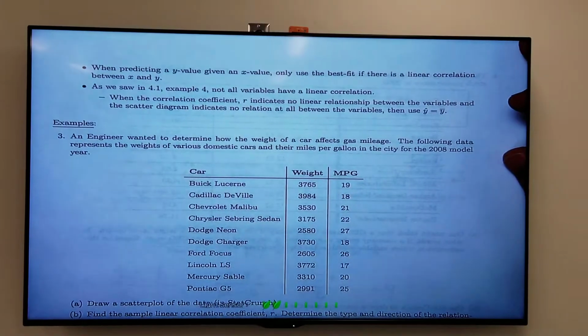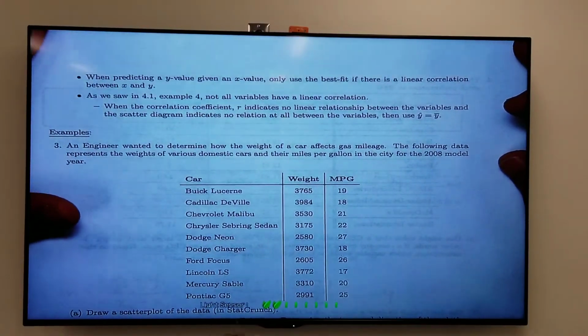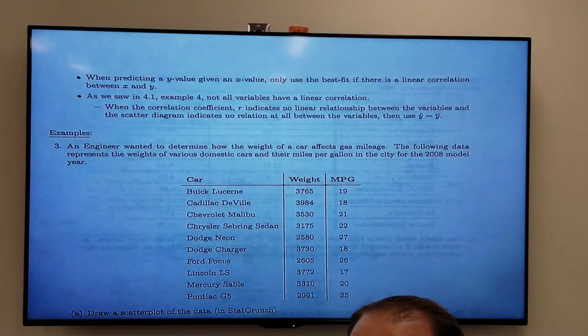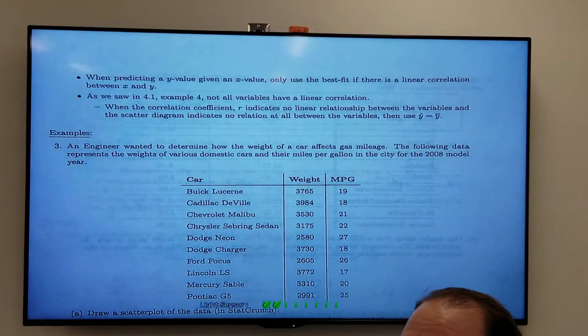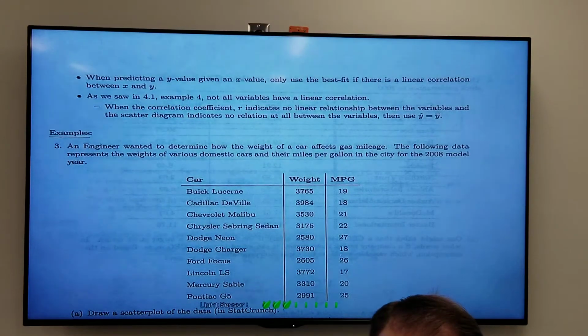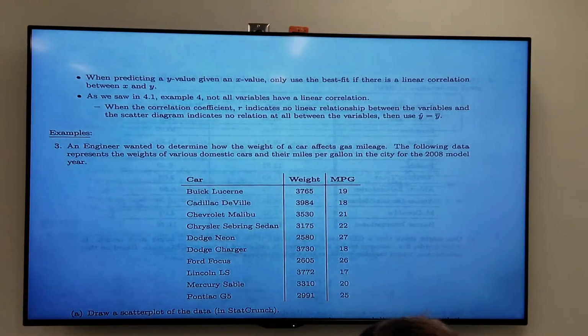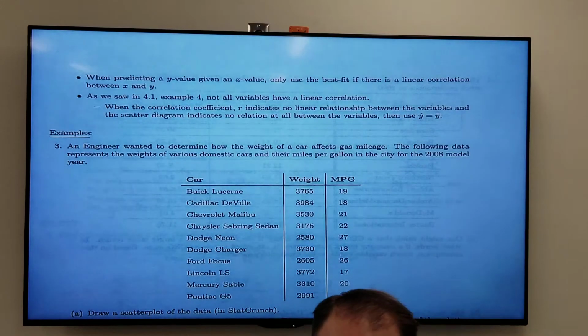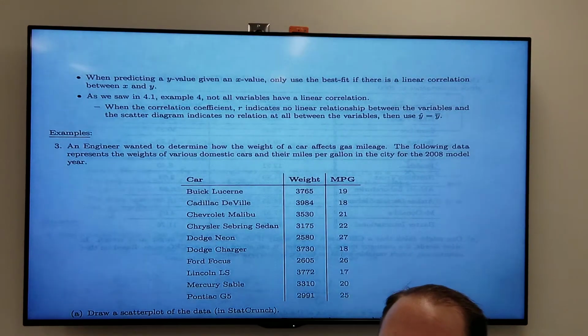Okay, page 3, 4.2. So we've talked about how you can find the best fit line and how you can use it to make predictions. But it should be noted that it's only appropriate to do that if there is in fact a linear correlation between x and y.